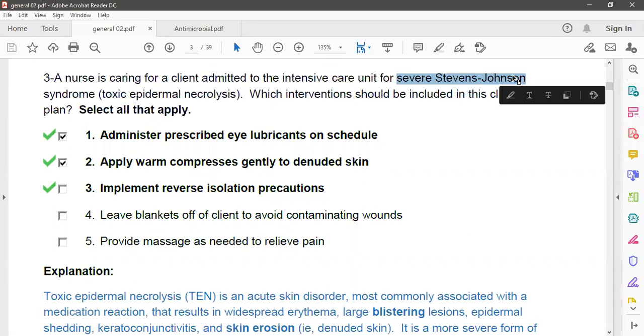So why is Stevens-Johnson very important? Because Stevens-Johnson syndrome sometimes occurs because of drugs. There are some particular drugs that can cause Stevens-Johnson syndrome. The drugs include anti-gout medication.